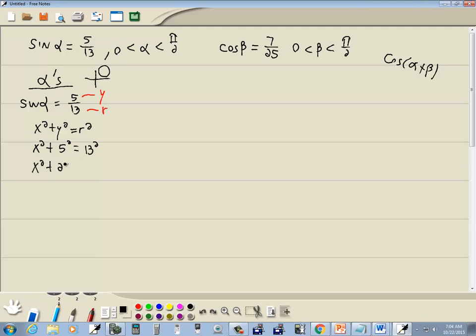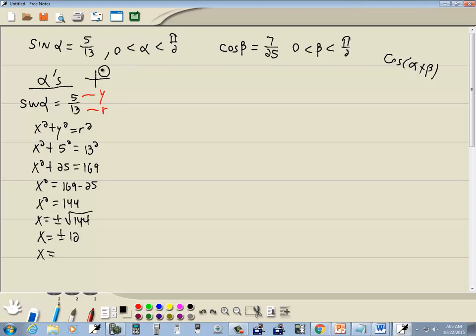X squared plus 25 is equal to 169. X squared is equal to 169 minus 25. X squared is equal to 144. Now we drop the squared and we put a plus or minus square root on the other side. And 12 times 12 gives you 144, so x is equal to plus or minus 12.